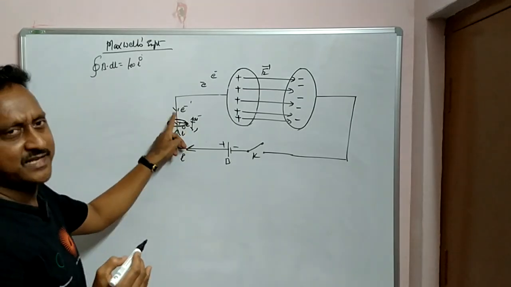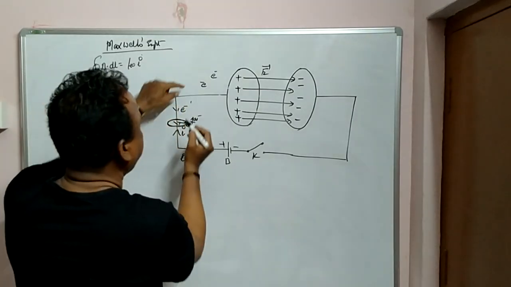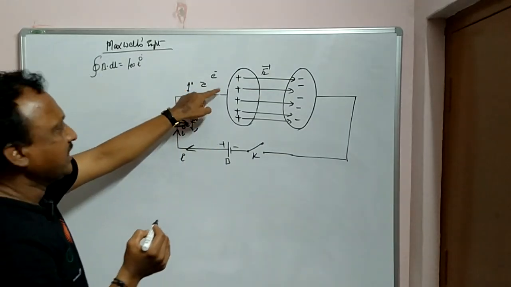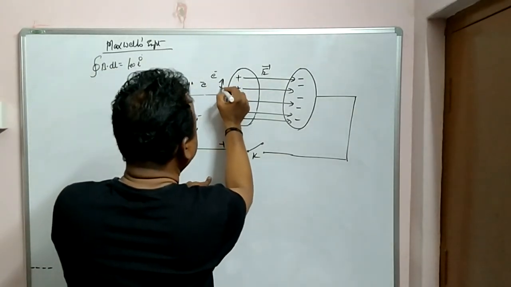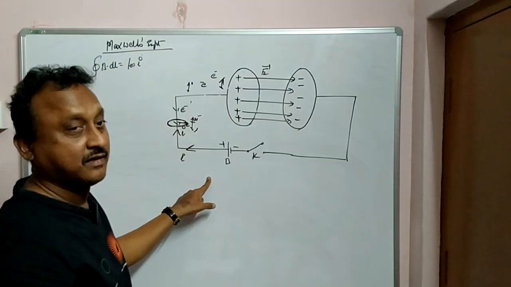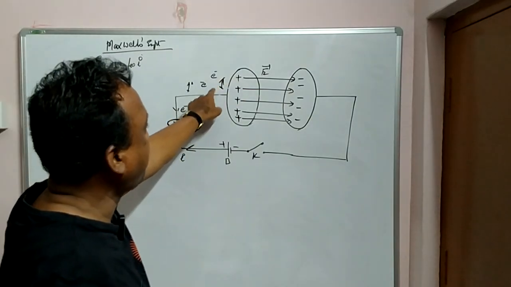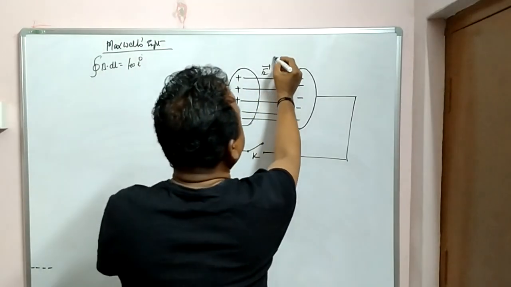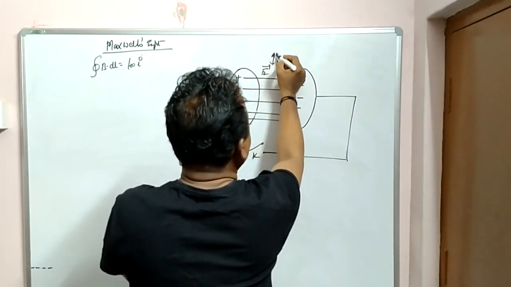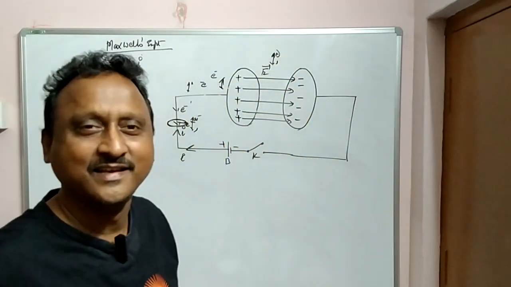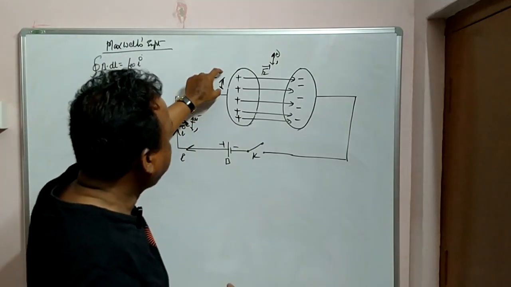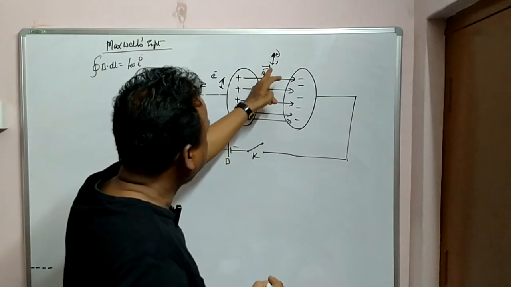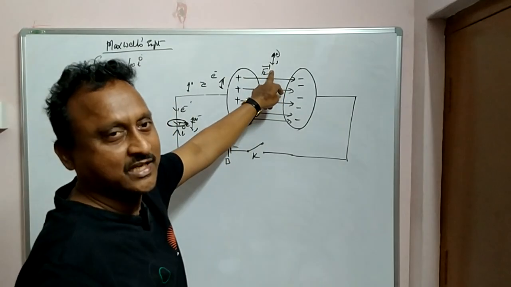In the same way, he kept the compass here, and here also the compass is deflected because current is flowing. He kept the compass here again, and here also it deflected. Now he put the compass in this gap. Nothing is there, but what he found is that here also the compass was deflected. Because that's the point: here current is flowing, but here nothing is there, yet he found that current is passing here also.